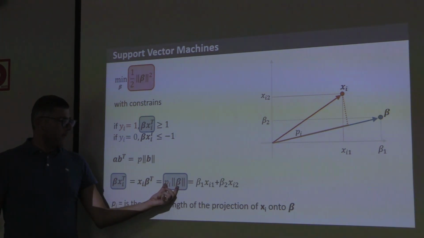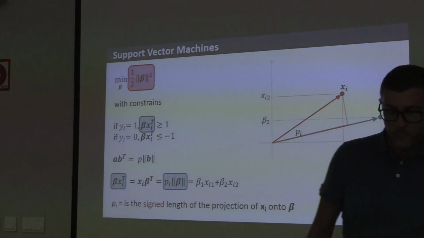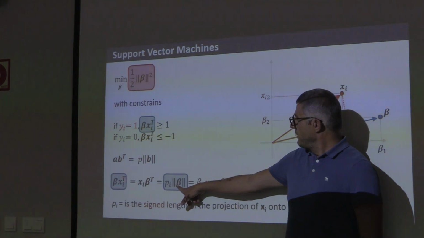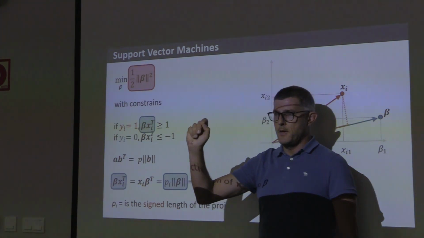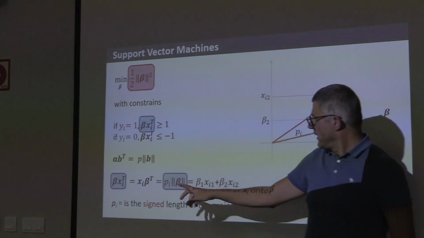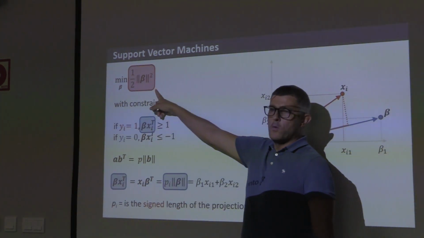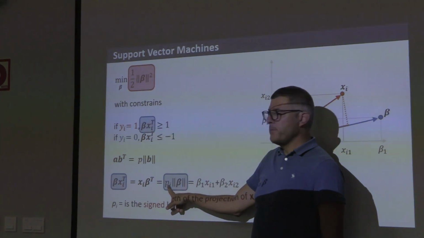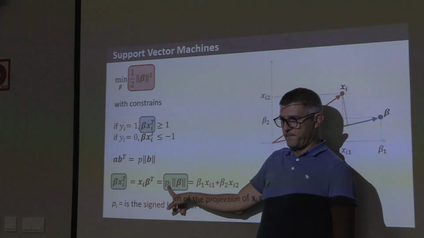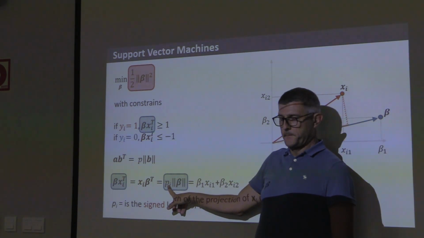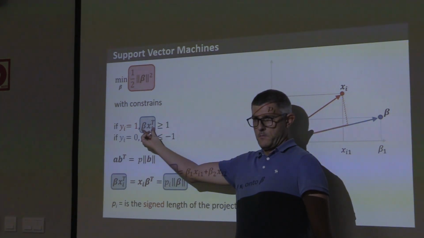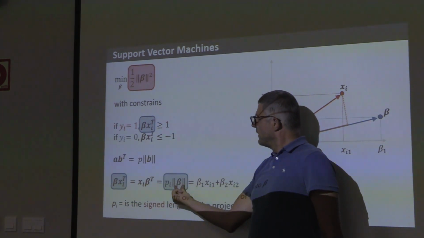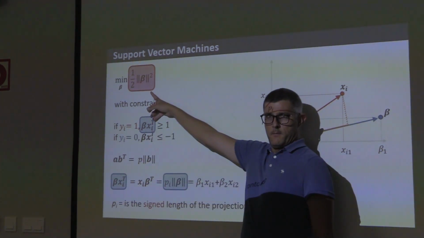So, intuitively, this quantity for the red class must be higher than 1. If this is small, because we want to minimize it, this must be high, right? We want this to be higher than 1, at least. This must be small.